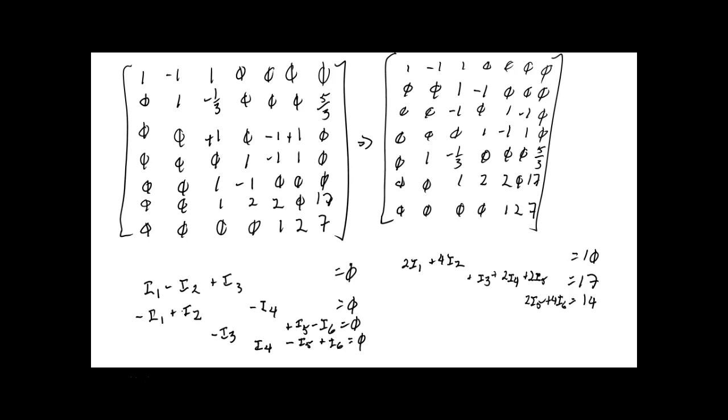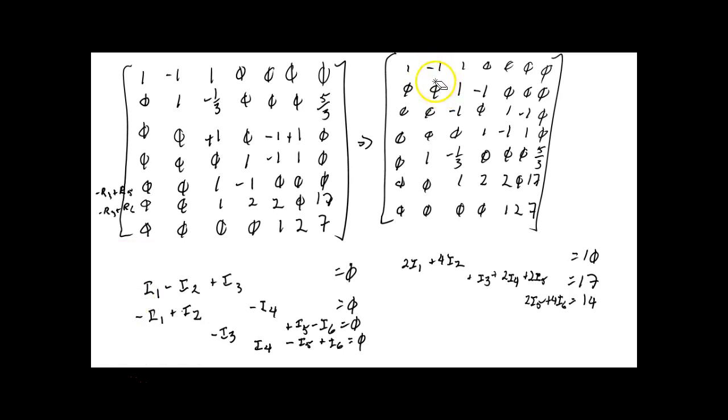Row 3, negative 1, row 3. Okay, negative row 3 plus row 5, and negative row 3 plus row 6. Okay, now I got to be careful over here because I've moved some things around. So my row 2 has changed.